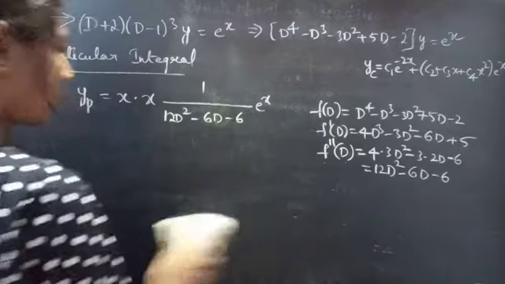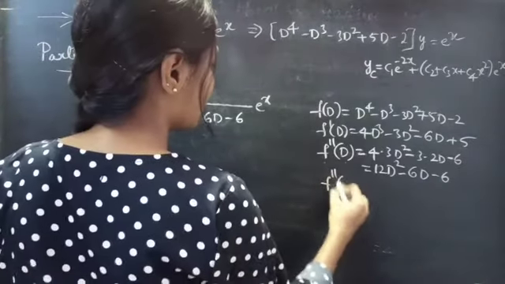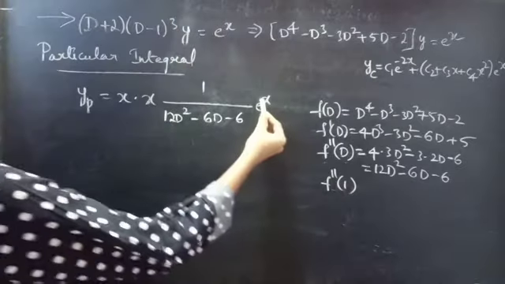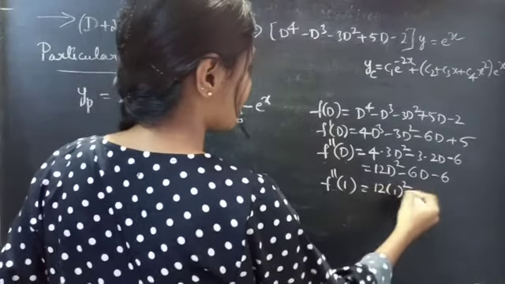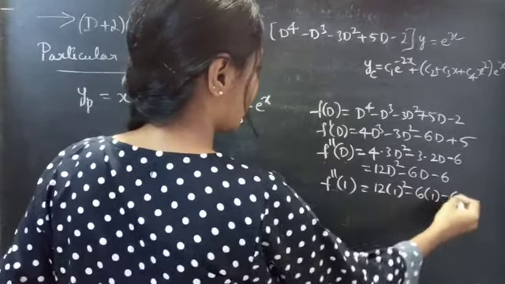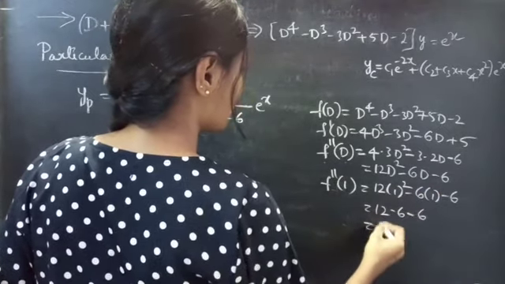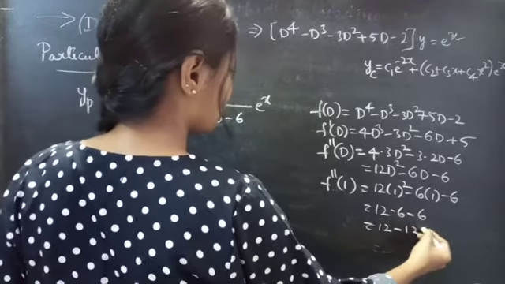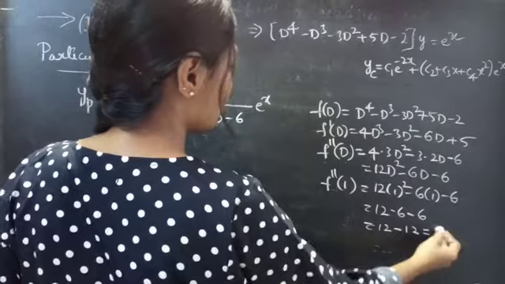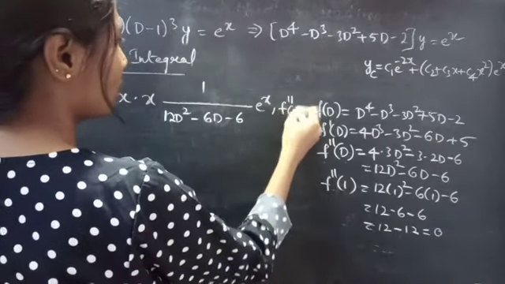Now what we have to do, we'll find f double dash of 1. F double dash of 1 equals 12 into 1 square minus 6 into 1 minus 6, which equals 12 minus 6 minus 6, which is 12 minus 12, which is 0. We got f double dash of 1 equals 0.